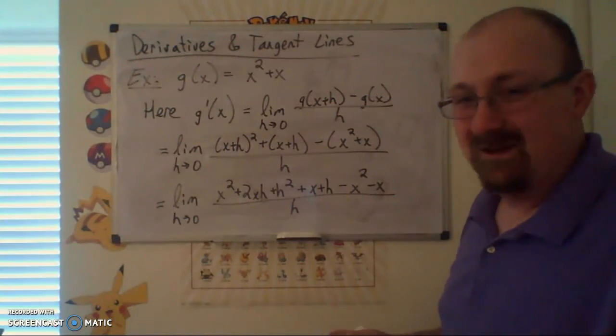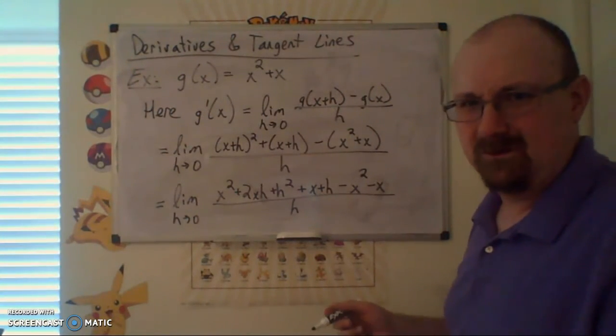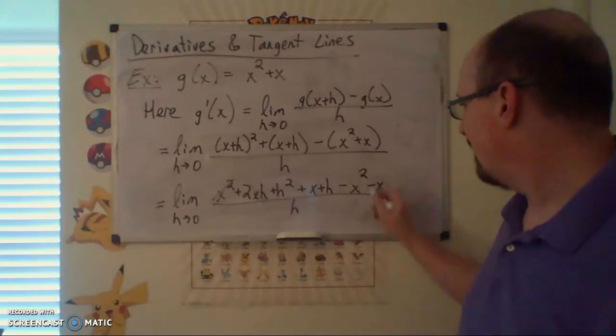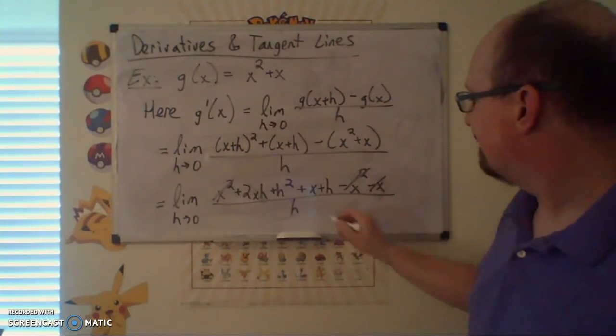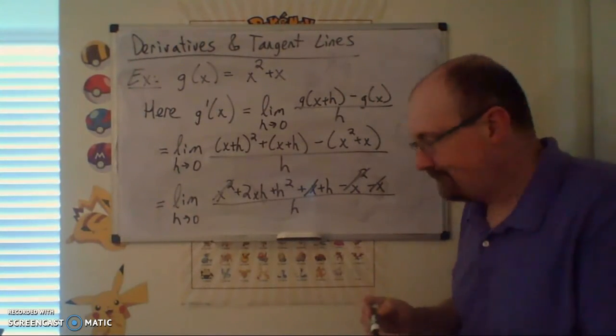Now at this point, that's a lot of stuff. You're probably hoping, gosh, I really hope some of this stuff cancels out, and you can probably already see that some of it does. So we have the x squared minus the x squared, they're gone. We have the minus x, and we've got this plus x sitting right in the middle.